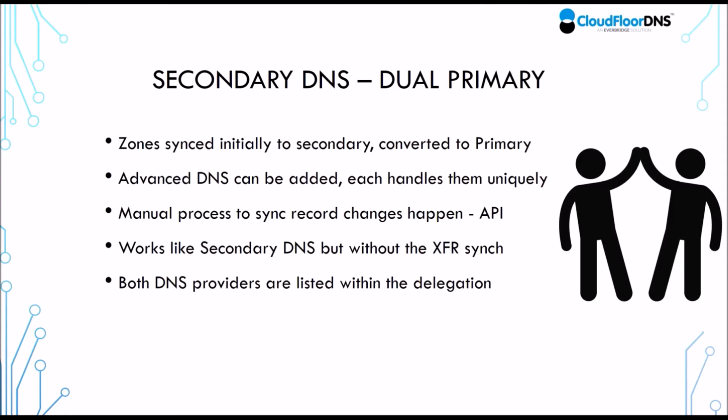It doesn't do failover, it doesn't do load balancing in some cases, and it definitely won't do GeoDNS. And if it does, it won't necessarily map them apples to apples depending on the two providers. And then once both providers are listed within the delegation, now you've got both providers chugging away and you have an extremely resilient network in case there's an attack.